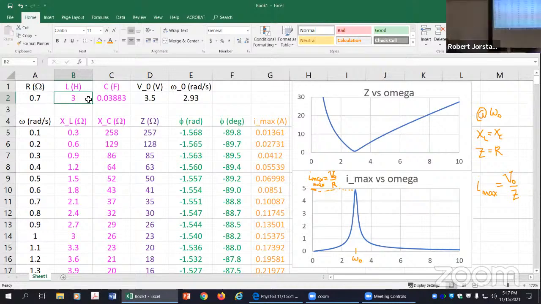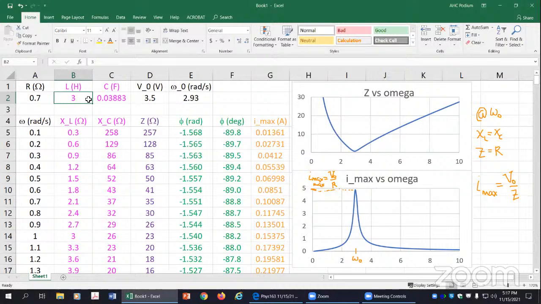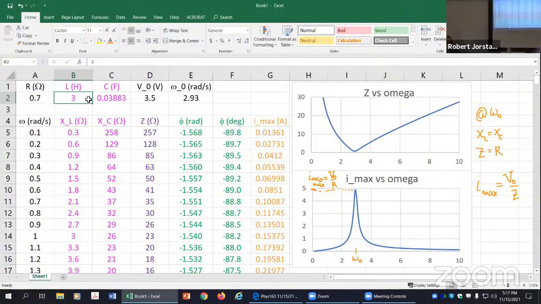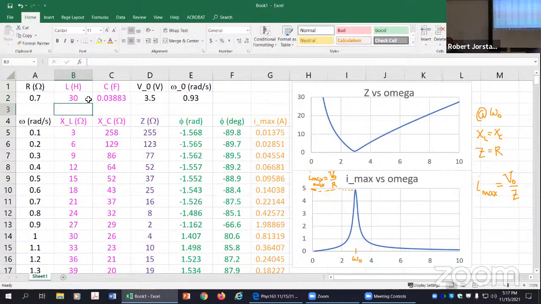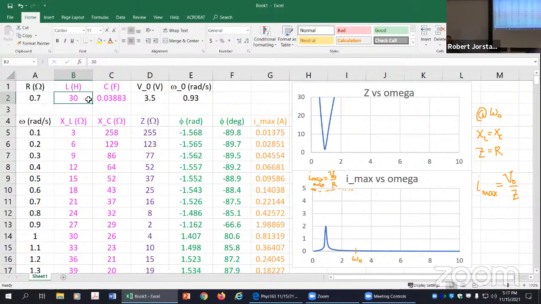Just take a guess. If I increase the L value, which way should it shift? To the left, because it gets more negative. Increasing L should make omega naught smaller, shifting it to the left, that's right. So let's try 30. Whoa, look at that. Very good. So I'm going to undo that.